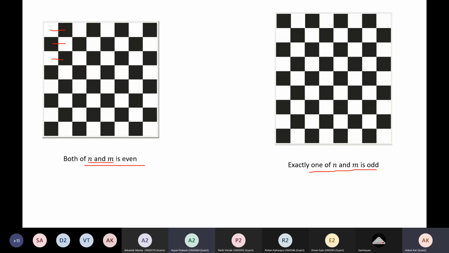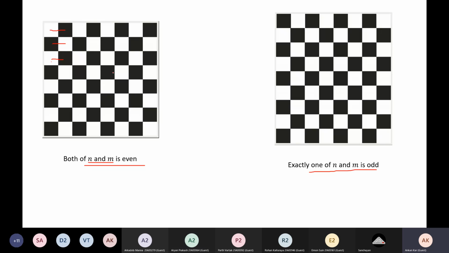Okay, their explanation was if you put k odd, then you have to put k odd vertical dominoes. Yes, sir. So how are we getting a contradiction using that?